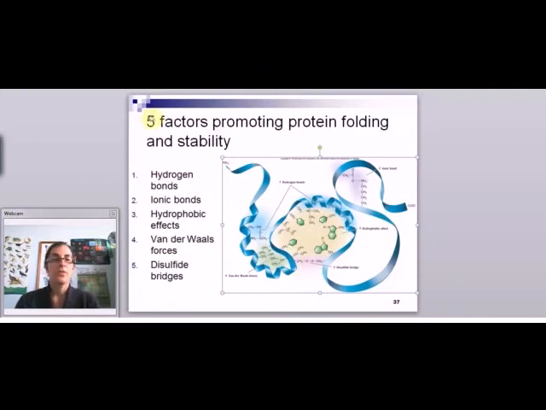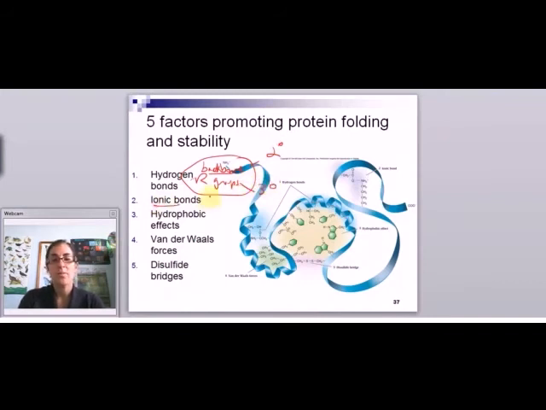I talked about these bonds before, but just to go through it one more time, because this is important. You can have hydrogen bonds between the backbone and the R groups. So backbone was secondary structure, R groups was tertiary structure.